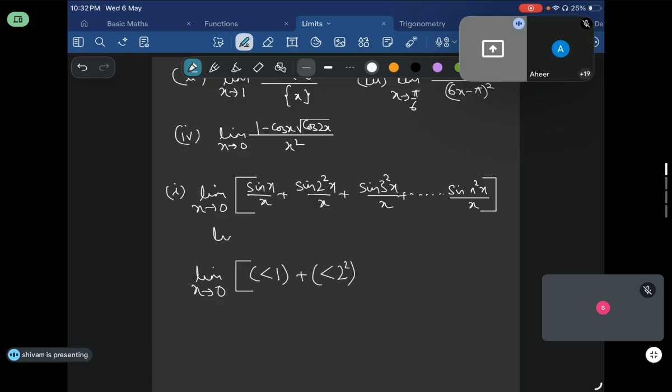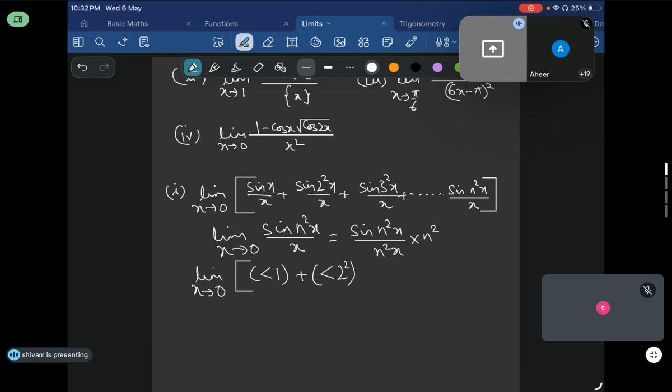Limit x tends to 0, sin n square x by x. If I'm writing sin n square x by x, basically this will be nothing but sin n square x by n square multiplied by n square.